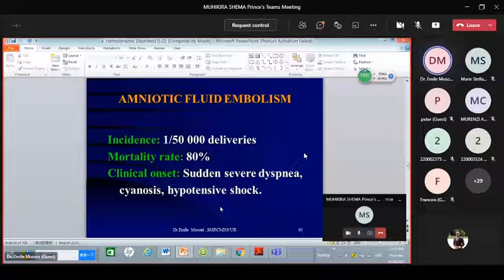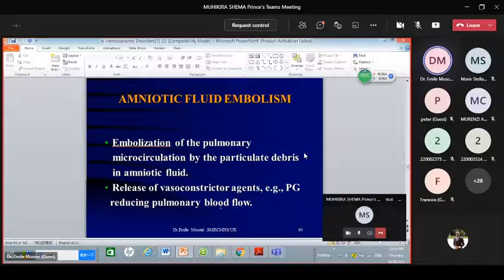Amniotic fluid embolism. This can cause sudden dyspnea, cyanosis, and hypotensive shock immediately in the operating room. Because of what? Formation of an amniotic clot, which will migrate to the pulmonary vessels, and they will cause obstruction of these vessels, and there will be a sudden death.